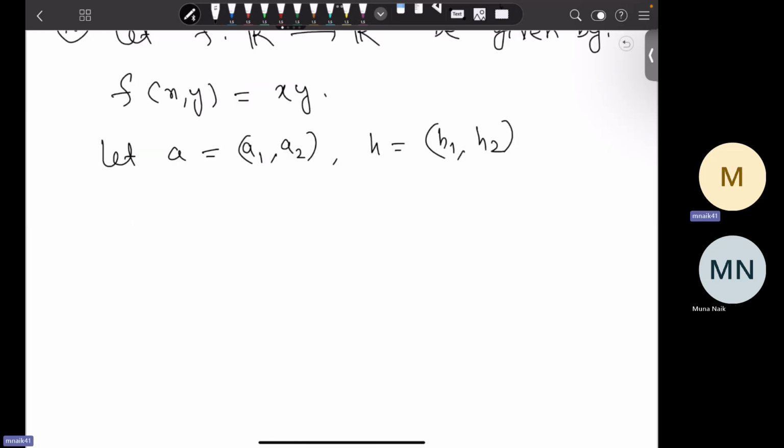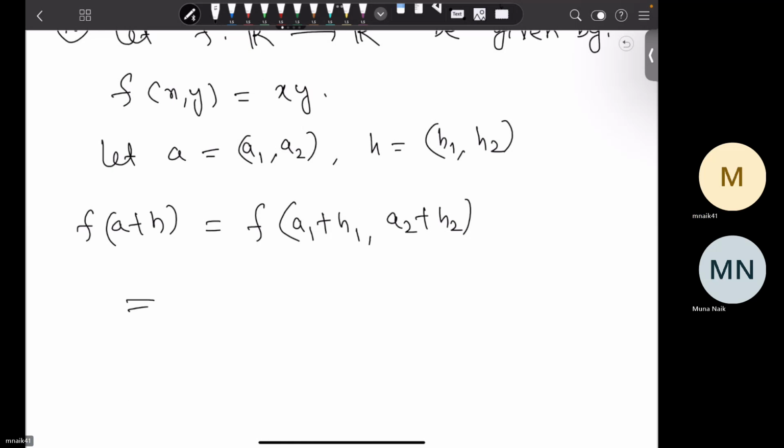If you look at f of a plus h, this is f of (a1 plus h1, a2 plus h2), which is nothing but (a1 plus h1) into (a2 plus h2).